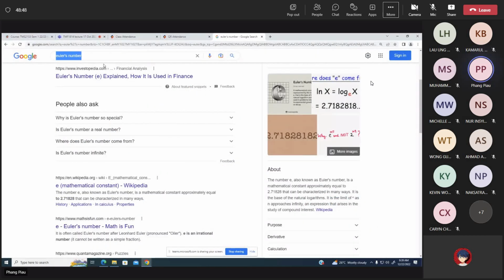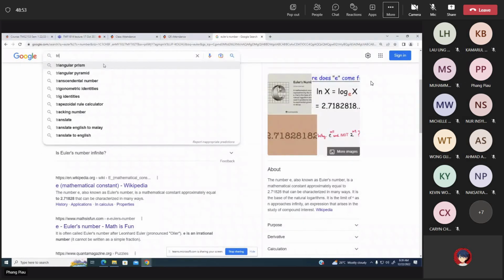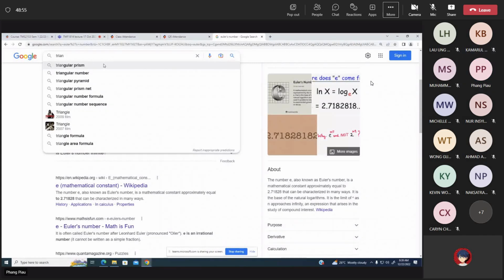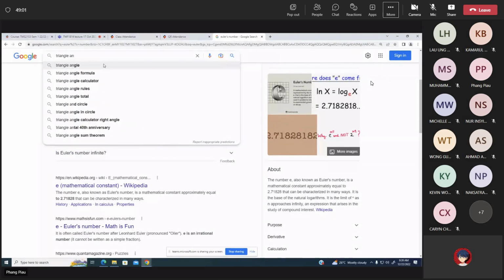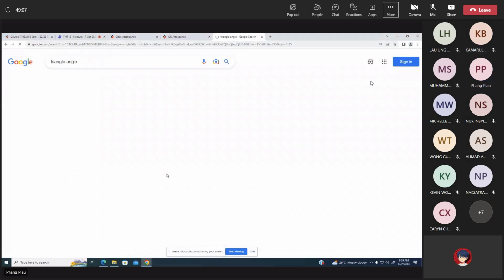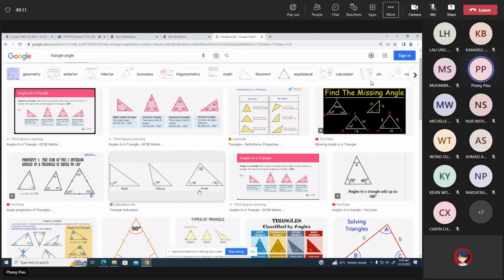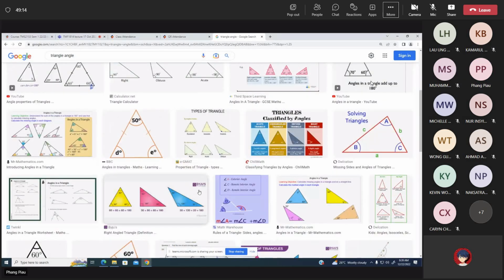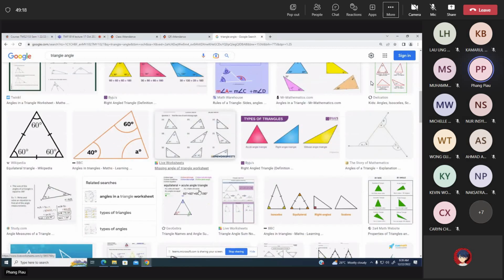What is that triangle for? It's for the triangle angle. Is this one? I'm not sure which one. What do you call this?